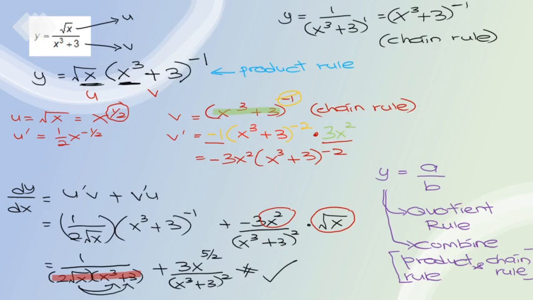V is actually X plus 3 negative 1 plus V prime negative 3X per X plus 3 kuasa 2 dot dengan U square root X.